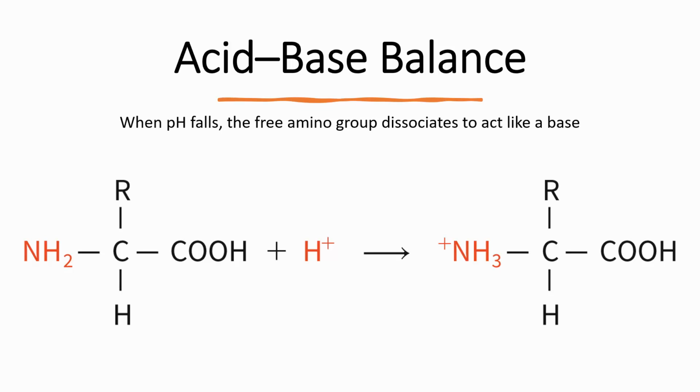So it says when pH falls, the free amino acid group dissociates to act like a base. And so you can see here we have our NH2, and what that'll do is pick up this excess hydrogen to give us a plus NH3.